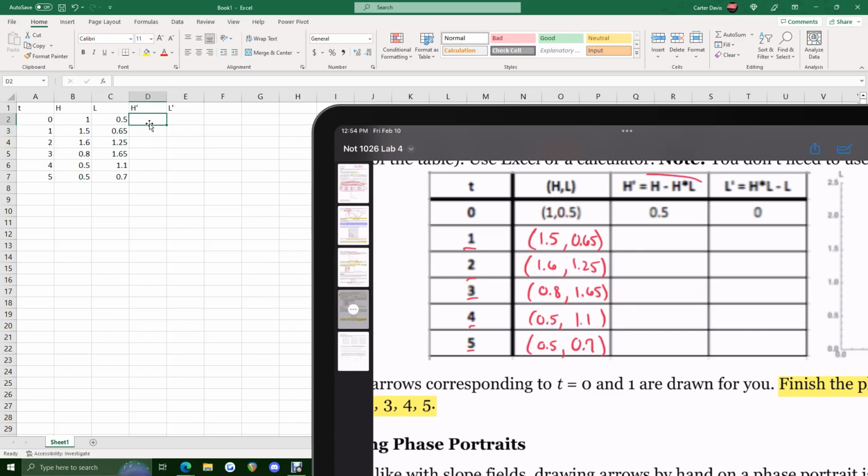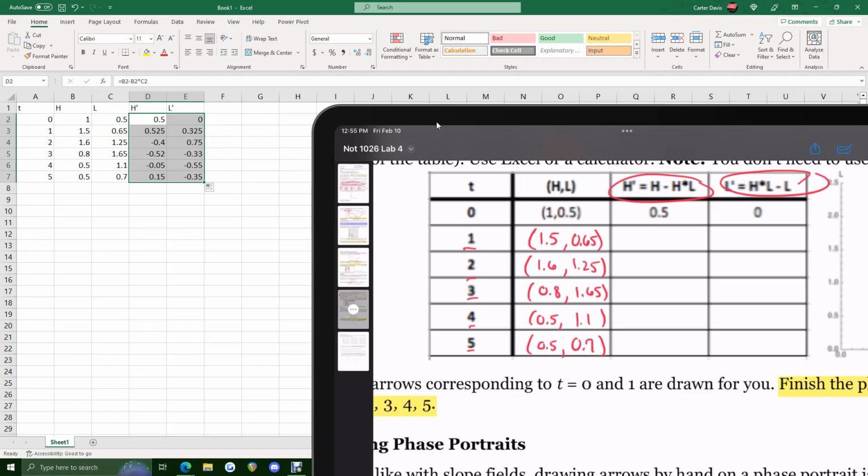They say H prime is H minus H times L. So we'll do equals H, which is this, minus H times L, so B2 times C2, or L. Then we'll do L prime, which is H times L minus L. Hit enter. We can highlight both at the same time, drag those down, and we get something like this.